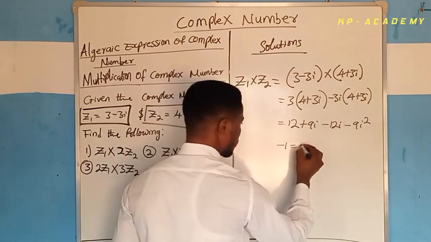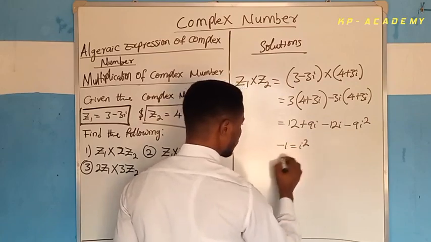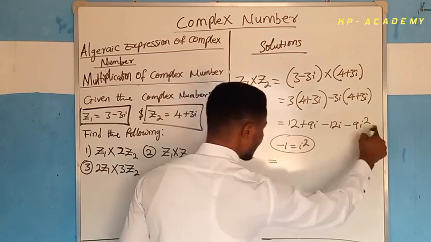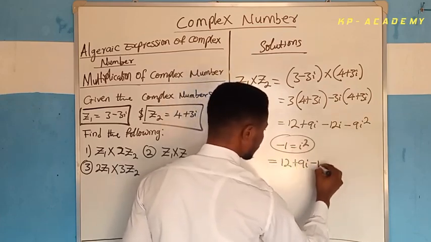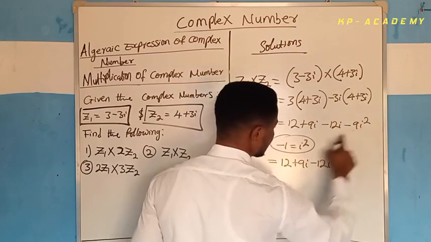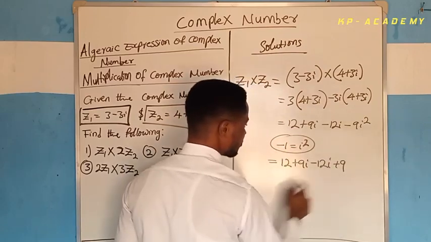Again, minus 1 is equal to i squared. Very, very important. Therefore, I'm going to have 12 plus 9i minus 12i plus 9, because this i squared is minus 1. Therefore, minus 1 times minus 9 gives me plus 9.